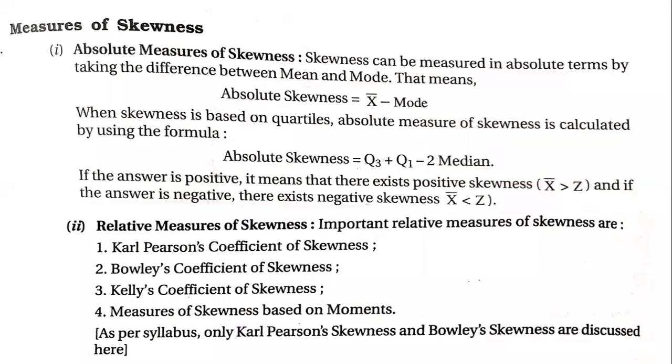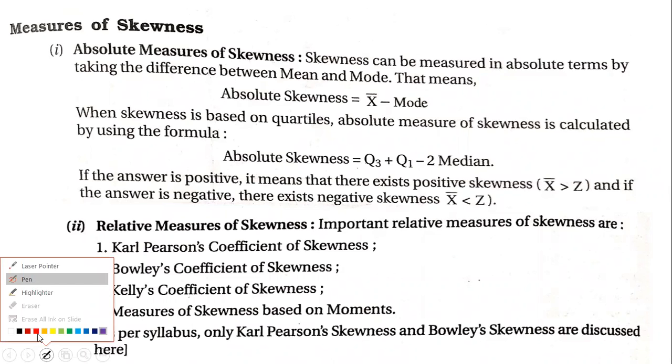Next, measures of skewness. Now in dispersion also we have learnt about absolute measure and relative measure, right? In absolute measure, we will be knowing how much exactly the values are.